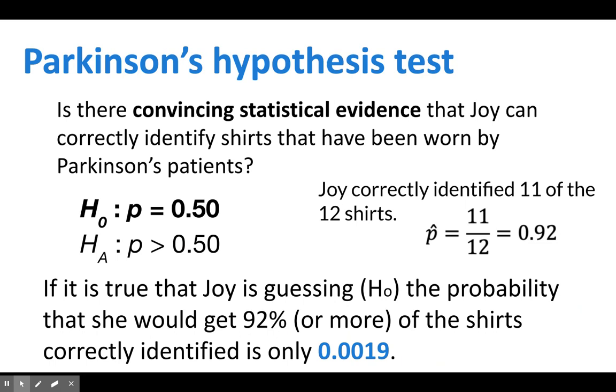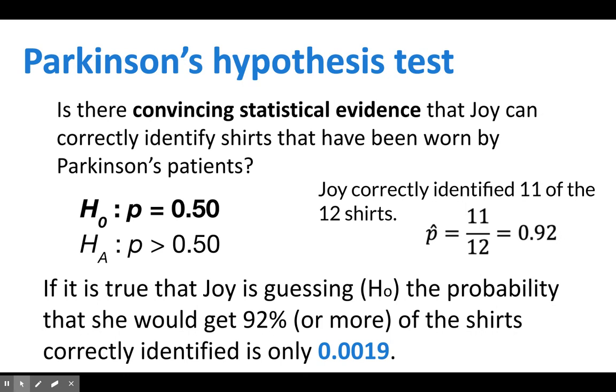I'll show you how to get a p-value in a moment, but if I calculate the p-value for this one, I get 0.0019. So we would make the decision: if it is true that Joy is guessing, the probability that she would get 92% or more of the shirts correctly identified is only 0.0019.